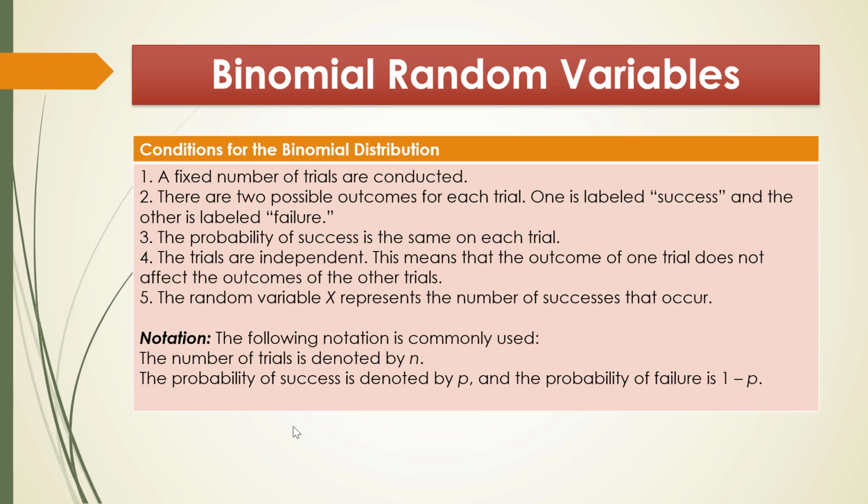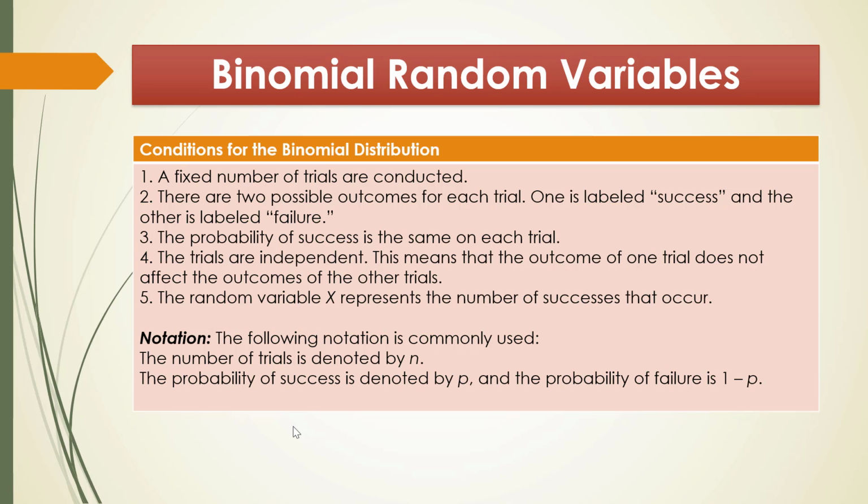To recognize whether a random variable is a binomial random variable, we have certain conditions to be met. The first condition is a fixed number of trials are conducted. The second condition is there are two possible outcomes for each trial. One is labeled success and the other is labeled fail. The third is the probability of success is the same for each trial. Number 4, the trials are independent. This means that the outcome of one trial does not affect the outcomes of the other trials.